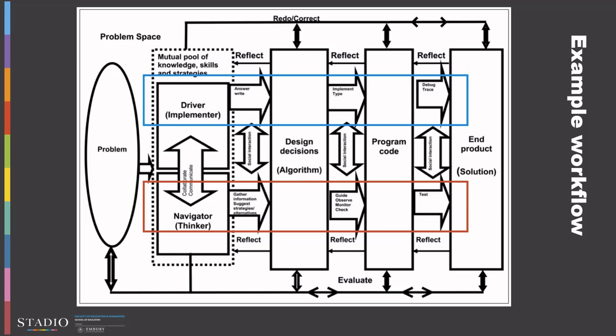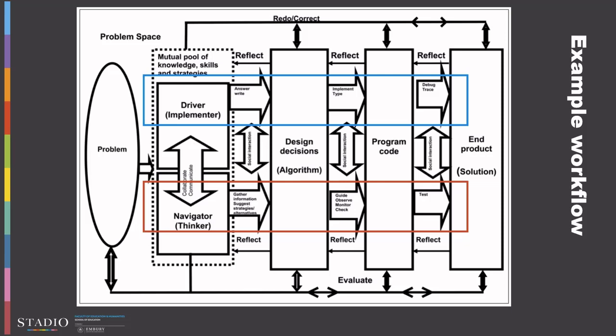The reason for me highlighting these two aspects is the text written within the arrows. The driver is the person who designs decisions or algorithms, actually writing and creating the algorithm, whereas the navigator at the bottom is the person gathering information, giving strategies, and looking at alternatives.